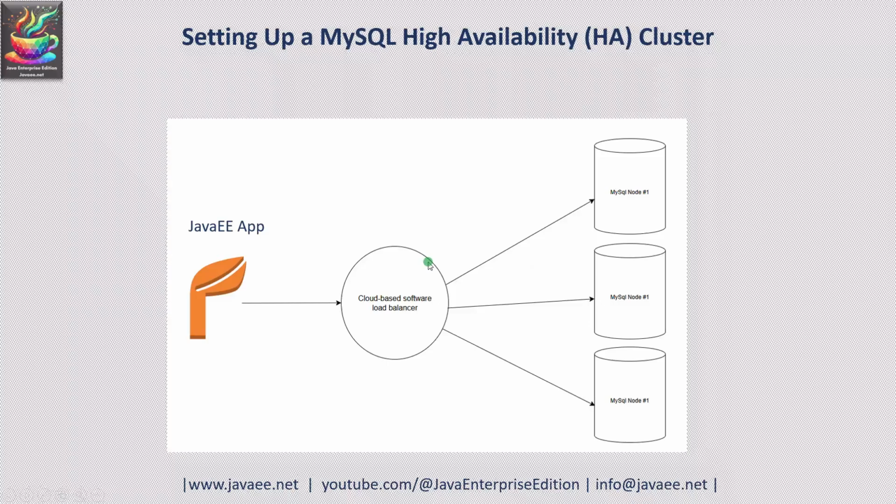Then this load balancer distributes the request to all these nodes based on the algorithm that we define at the load balancer level. We have least connection, and then we have the round robin algorithm. So we can choose any one of them in order to distribute the requests among all these nodes. We will look at the application code and how it works once we're done with setting up the MySQL cluster.